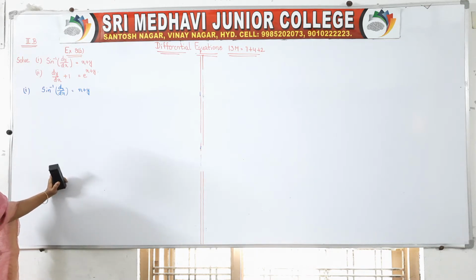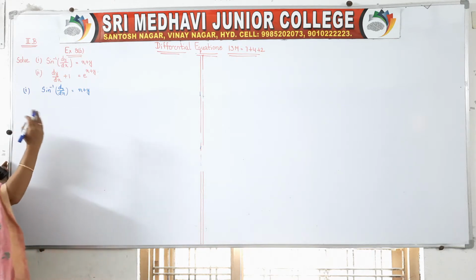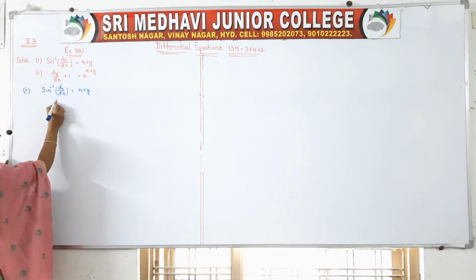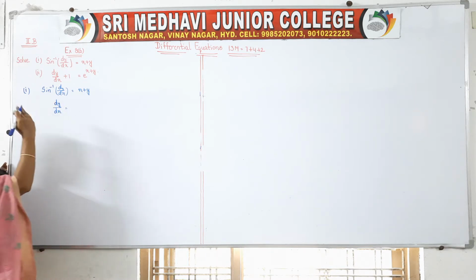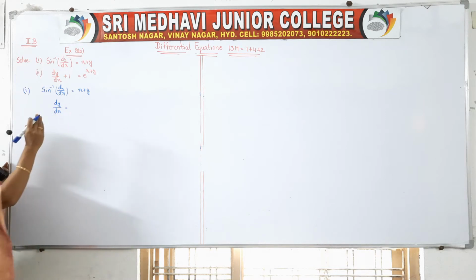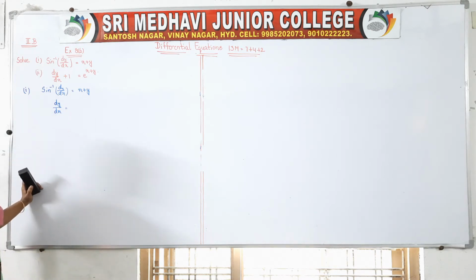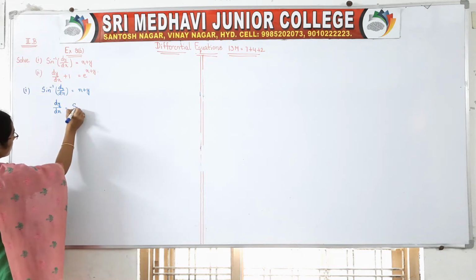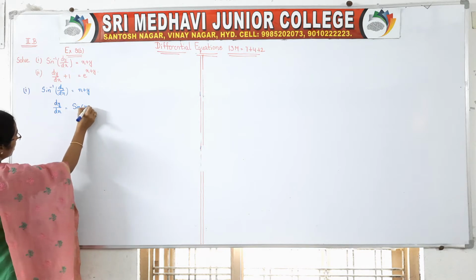So we cannot solve this problem, so we have to rearrange it. How? Send sine inverse to that side, then you will get dy by dx is equal to sine of x plus y. If we send sine inverse that side it becomes sine.